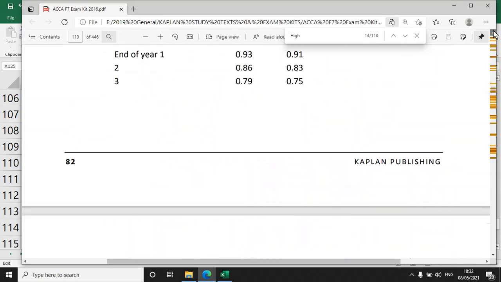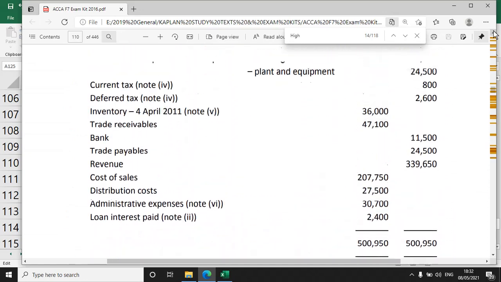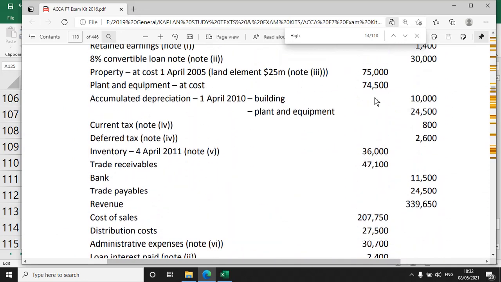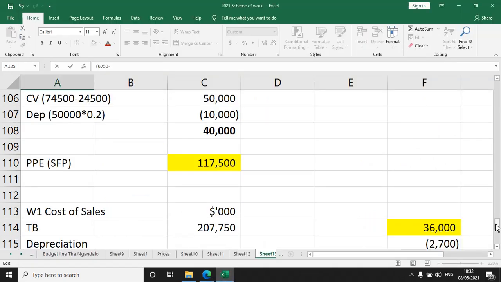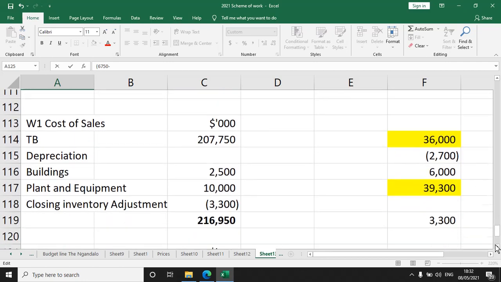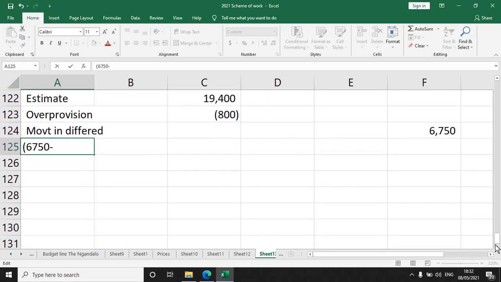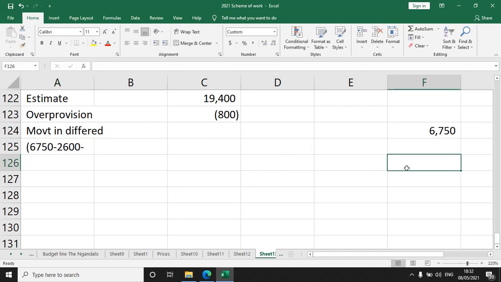How much is in my trial balance? Time is not our good friend. It's 2.6. So I go there and I say, let us remove the 2.6 from that amount, and then further on we're going to have to find the revaluation surplus.